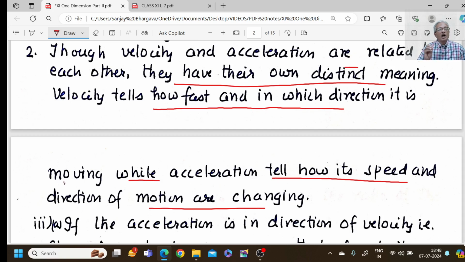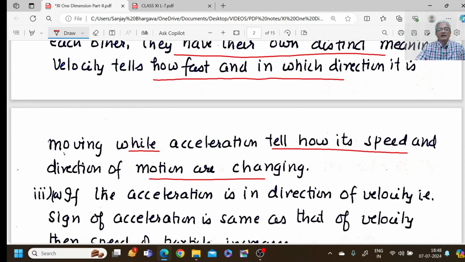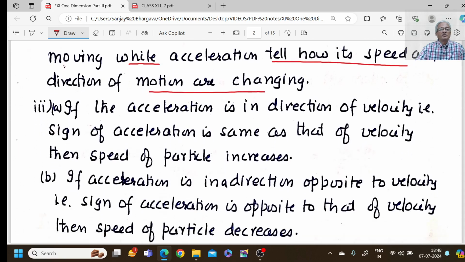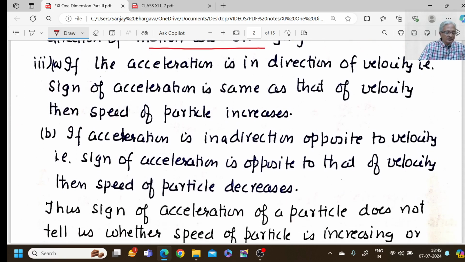It tells me how fast an object is moving and in which direction. While what does the acceleration give? It tells how its speed and direction are changing with respect to time. So both quantities, though they may seem related, have their own individual existence.